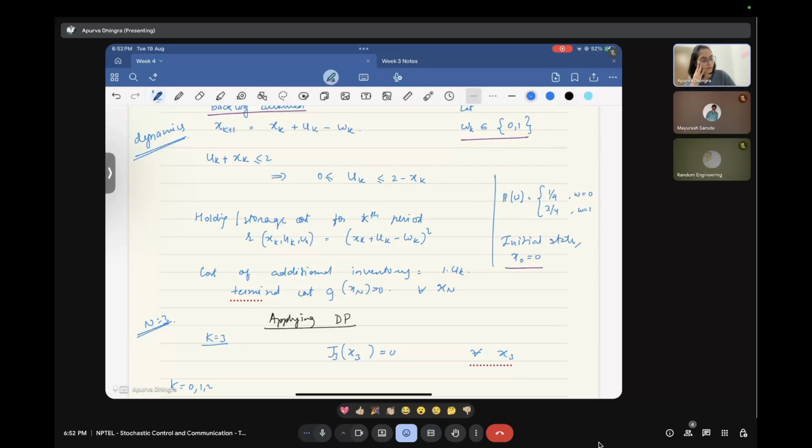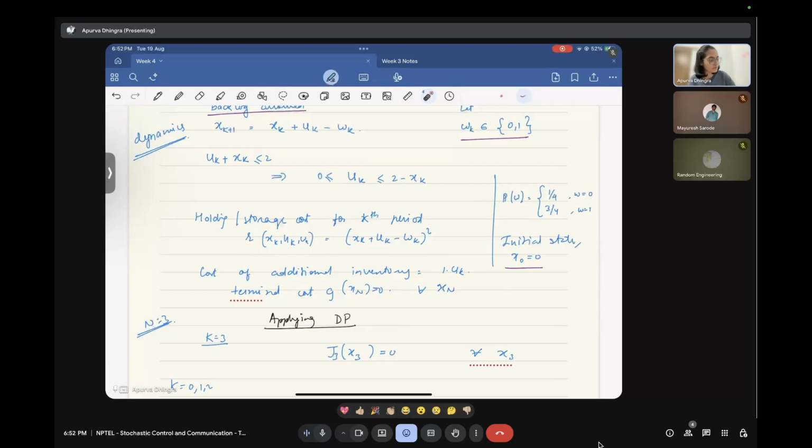The storage cost or holding cost depends on x_k, u_k, w_k, as in all the things that describe what will be the stock value at the next time step. The prediction of that is used to find this function, which is just taken to be a square of this.